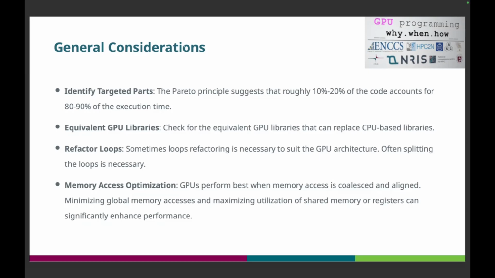There are always going to be some loops where the code spends lots of time, and we have to address them. In general, when you have a CPU code, the scientists and the programmers write these codes with CPU performance in mind.